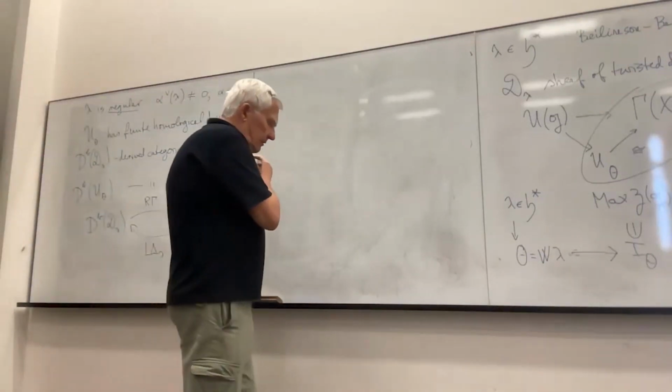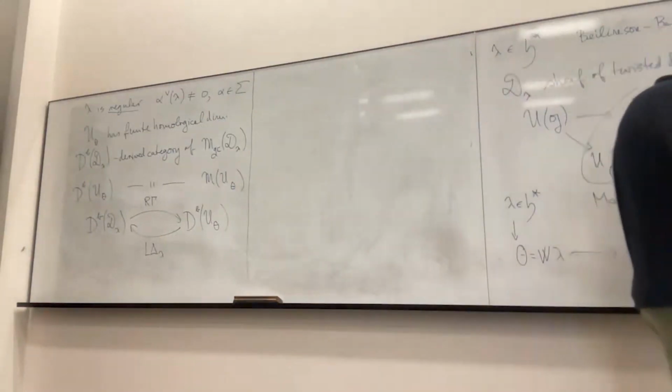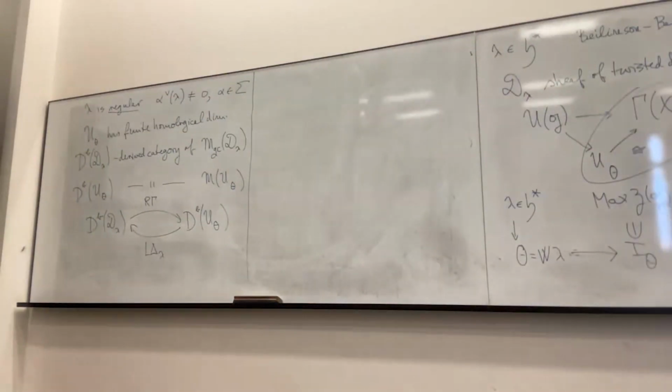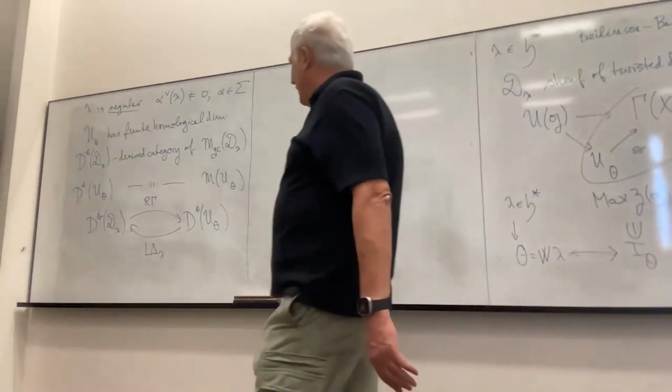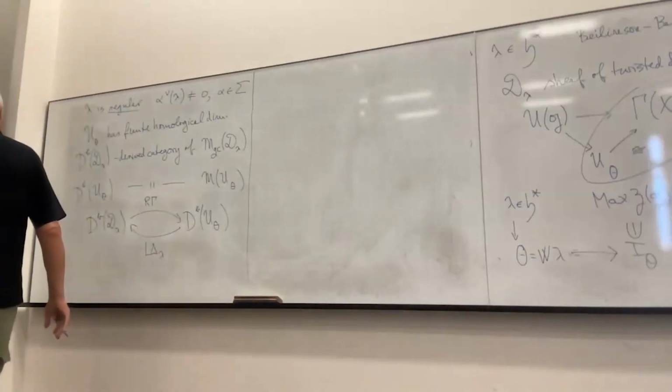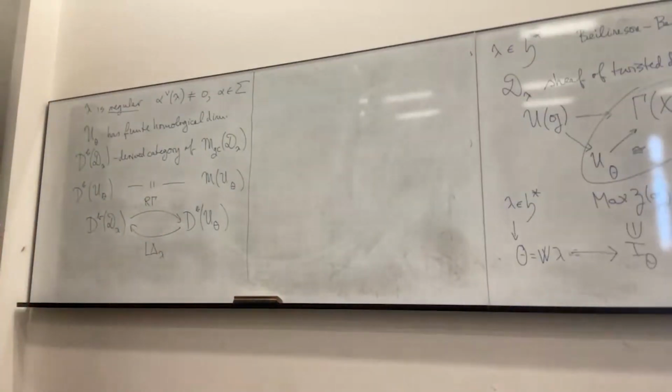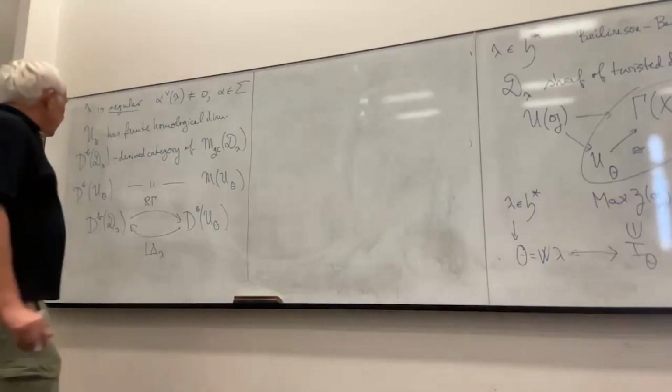In the singular case, things go bad because U theta has infinite cohomological dimension. So we have to use complexes bounded from above, and things are not so nice. But this is what is good for our purposes.